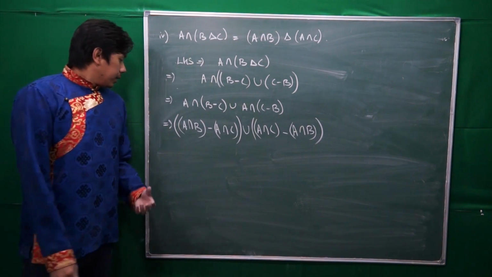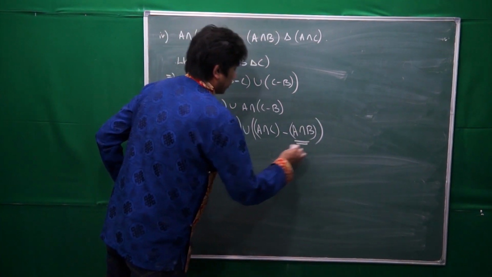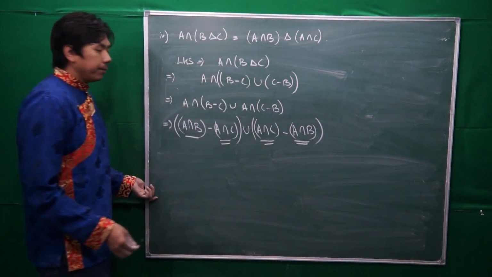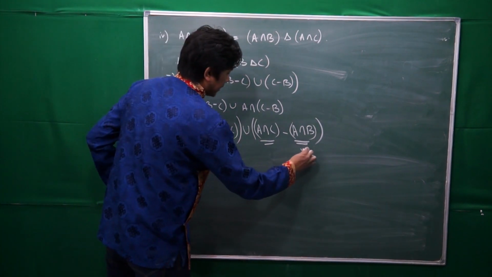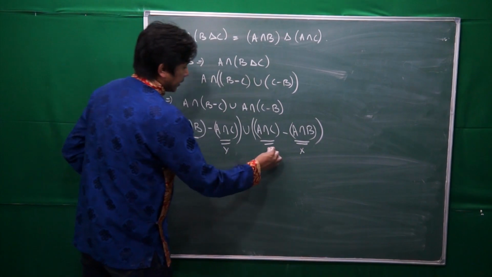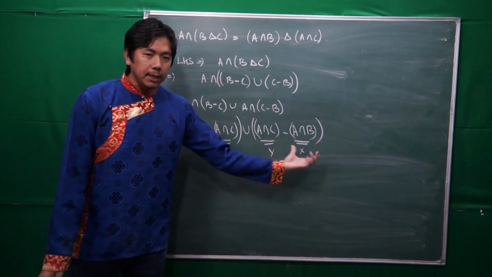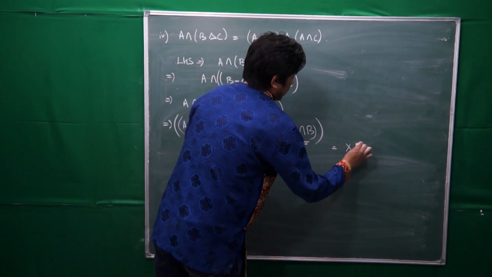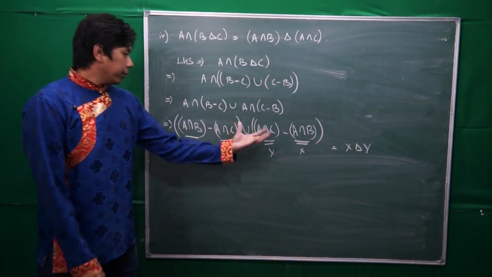Now you can see clearly A intersection B and A intersection B is over here. Similarly, A intersection C and A intersection C. Now if you place this as X and this is X, and this is Y and this is Y, you can see clearly that (X minus Y) union (Y minus X) is equal to X symmetric difference Y. So the same thing we are going to do over here.